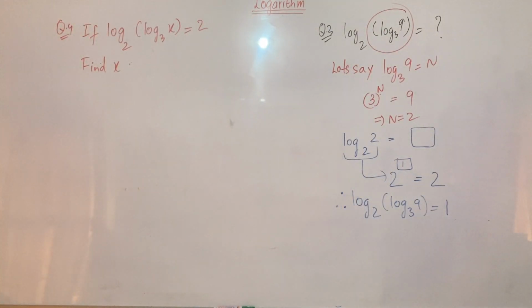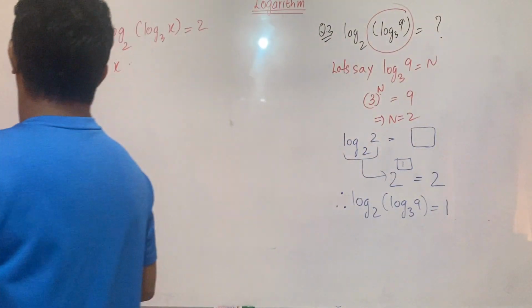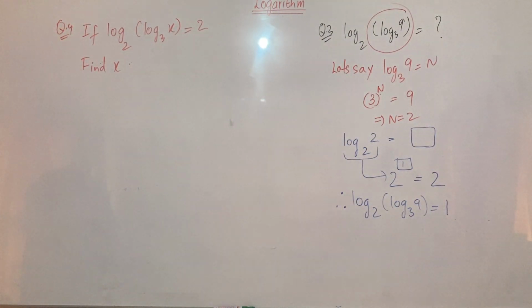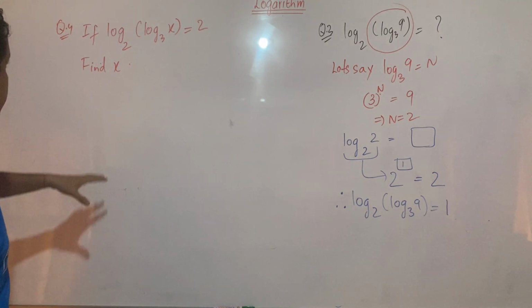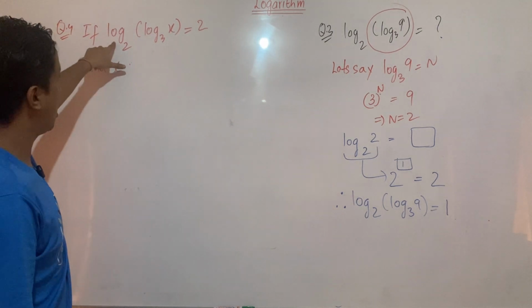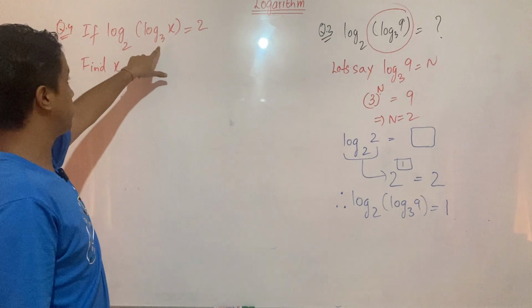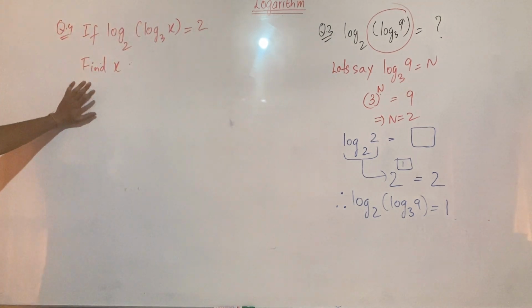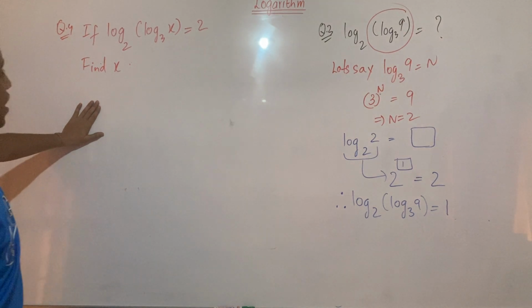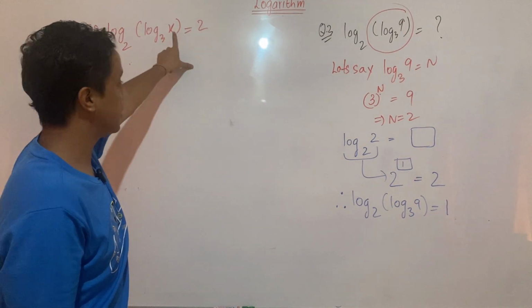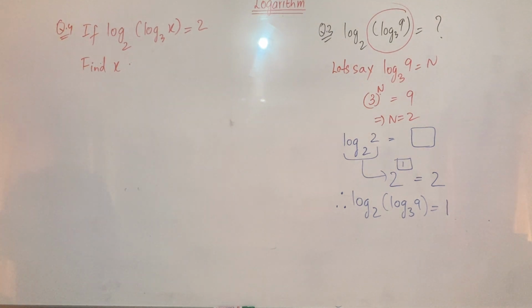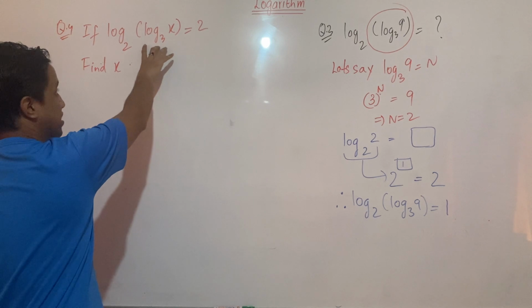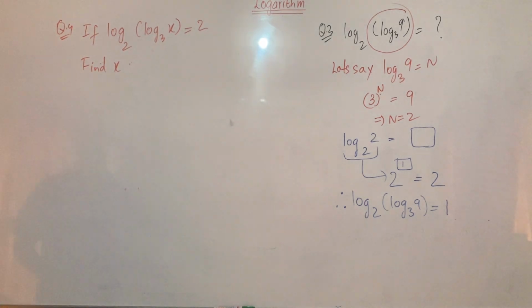Okay, let's see this problem. It says that if log of log x to the base 3 to the base 2 equals 2, then we have to find this x, right? So what we can do here, let's do something about this.